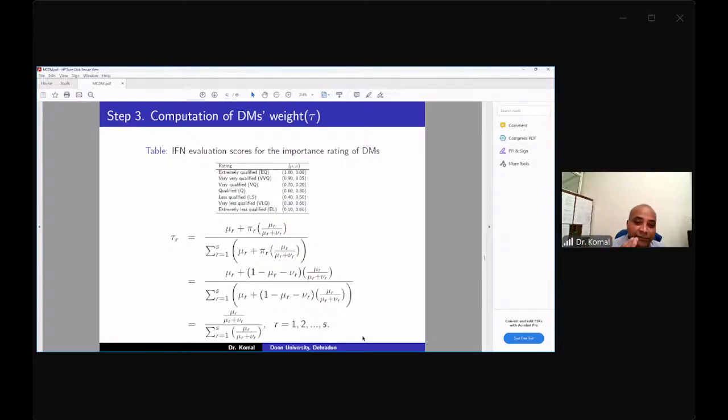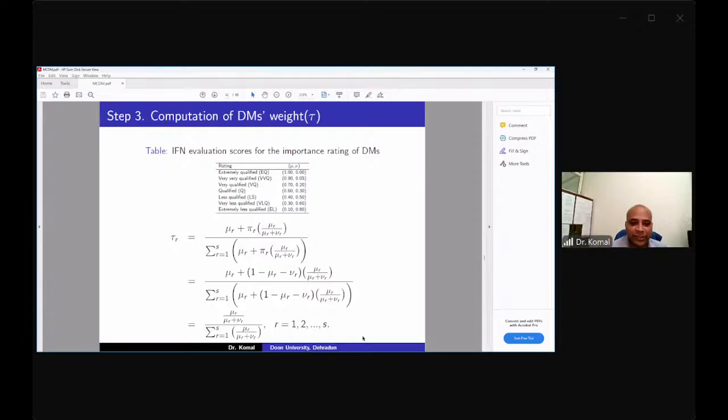Similarly, if an expert is very qualified, then generally we give mu as 0.9 and nu as 0.05. You can see there are 7 rows in the table, so we are using a 7-point scale. In the literature, we have 9-point scales, 7, 5, etc. Lots of scales exist, and these are the standard ones. Here I am using the 7-point standard.